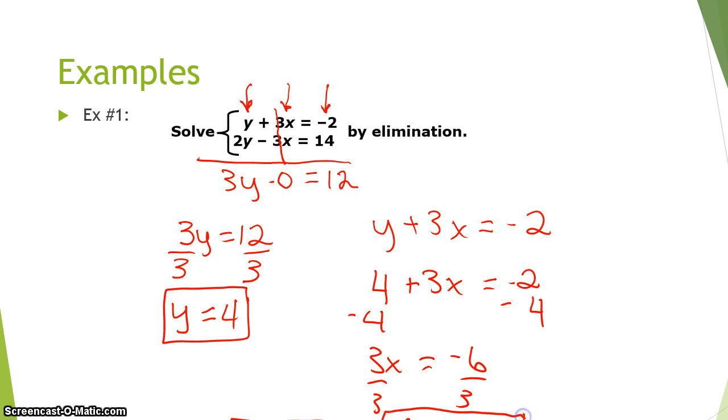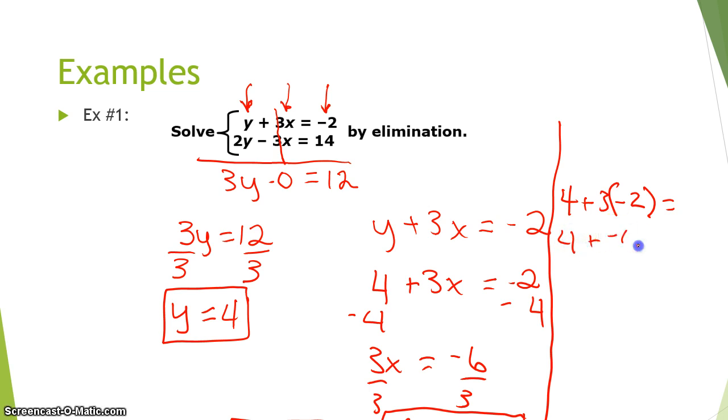But I do need to check to make sure this ordered pair that I solved for makes both of these equations true. So if I set it up here with my equations, my y, 4, plus 3 times my x, negative 2. Does that equal negative 2? Well, 4 plus negative 6, does that equal negative 2? That is true.